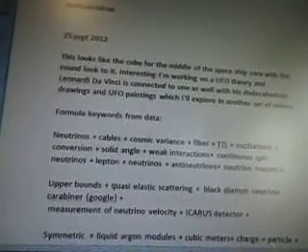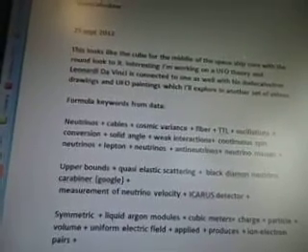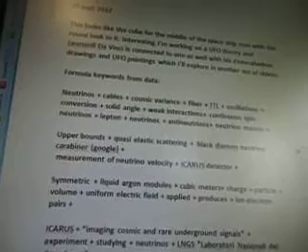So the formula keywords from data are: neutrinos, cables, cosmic variance, fiber, TTL, oscillations, conversion, solid angle, weak interactions, continuous spin, neutrinos, lepton, neutrinos, antineutrinos, neutrino masses, upper bounds, quasi-elastic scattering, black diamond. I think that's supposed to be diamond, neutrino carabiner, so I'm going to Google that to see what it means.